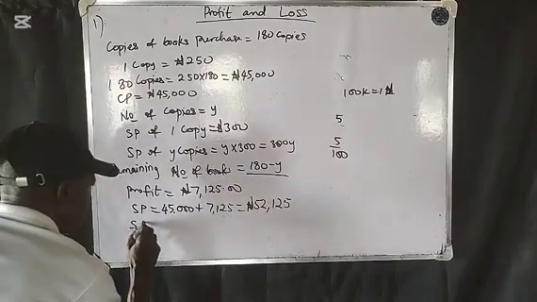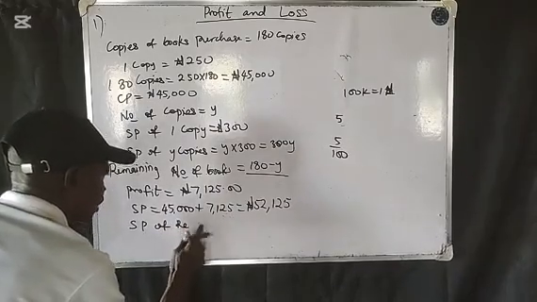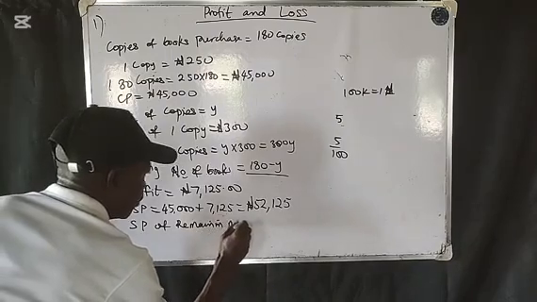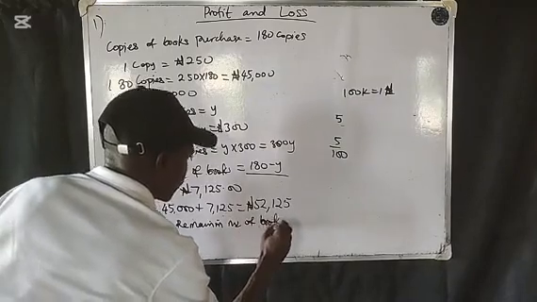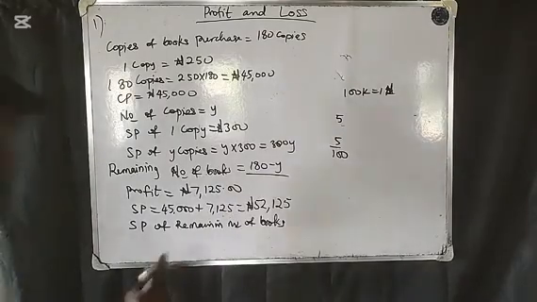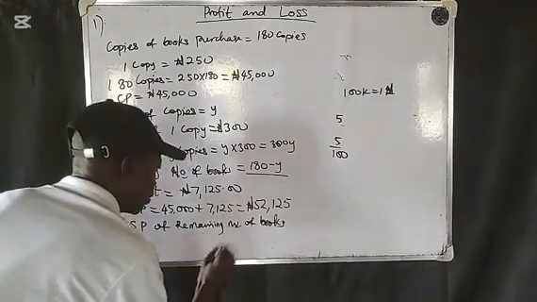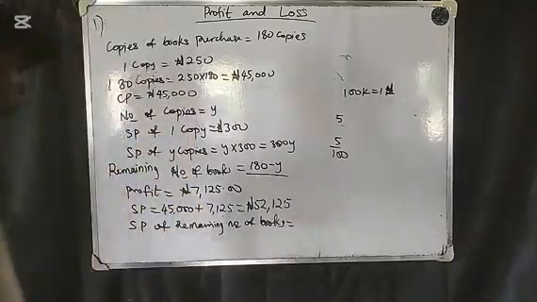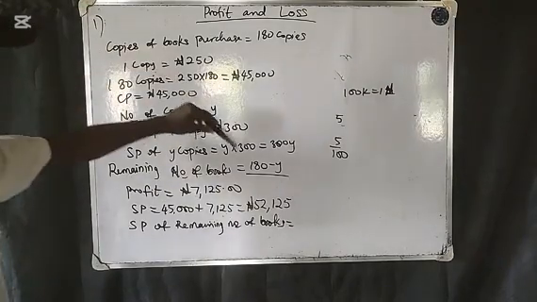Now we want to find the selling price of the remaining number of books, SP of remaining number of books. We know that the remaining number of books is 180 minus Y.